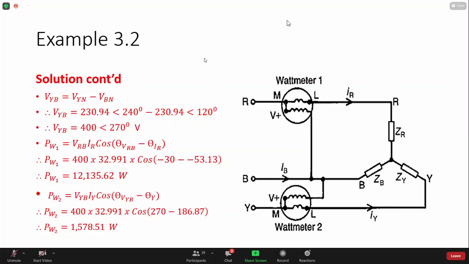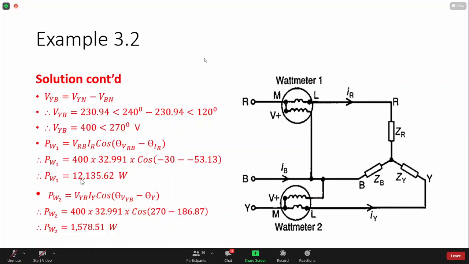All right, so again, now we go back and start to calculate the power read by each wattmeter. So wattmeter 1 is reading VRB times IR times the cosine of the phase difference between those two phases. So it's 400 times 32.991 times cos of VRB was at minus 30 and IR was at minus 53.13.